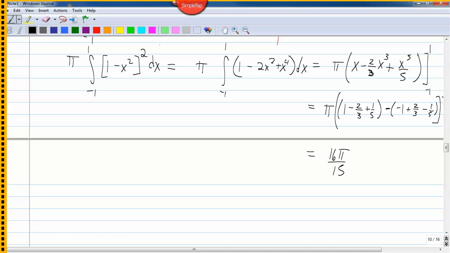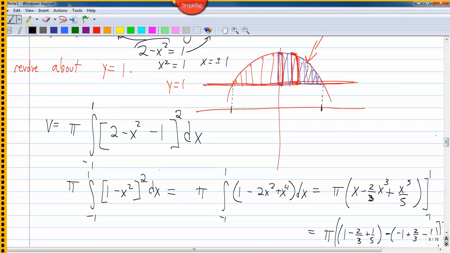So if you ever revolve about a line, you need to be careful if that line is not the x-axis or y-axis. Because the height of each disk that's going to be made is not dependent on just this top curve.